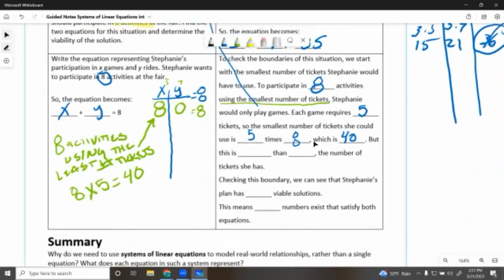So 5 times 8 equals 40, but this is 5 more tickets than is available. Checking this boundary, we can see that Stephanie's plan has no viable solutions.